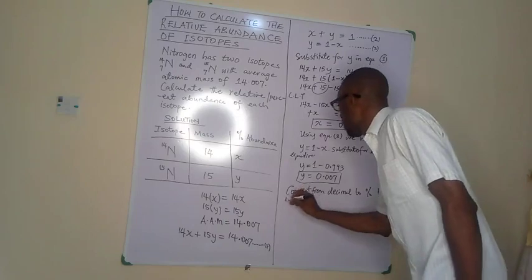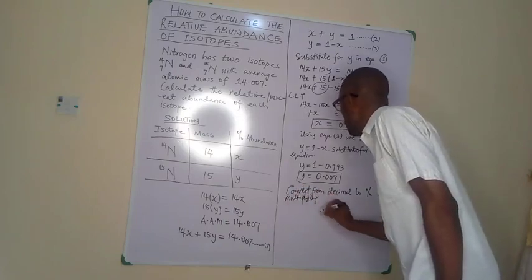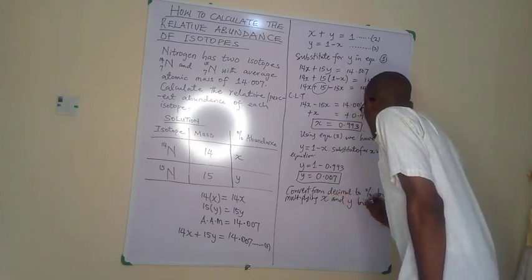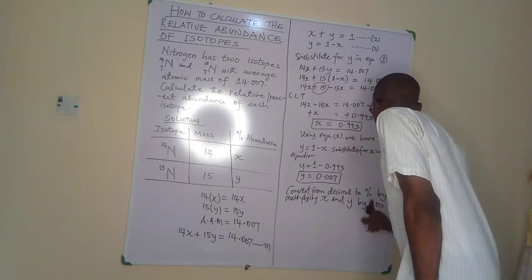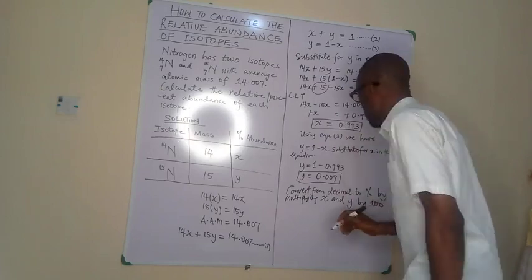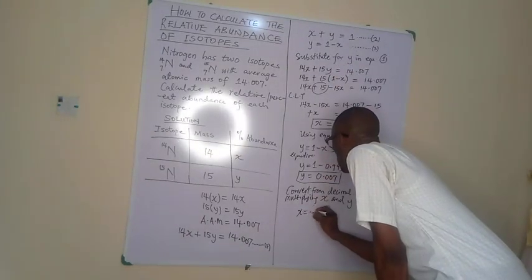We do that by multiplying x and y by 100. Very important. We multiply x and y by what? 100.